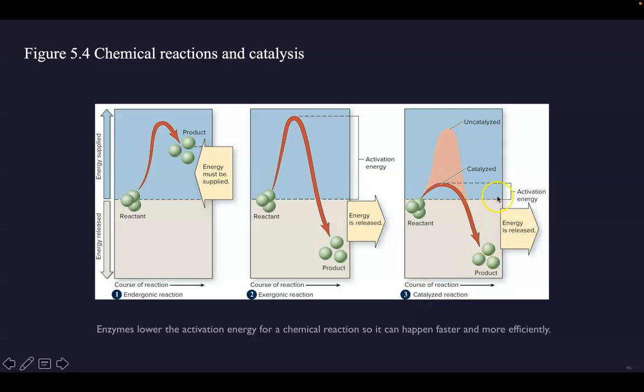The lowering of the activation energy is what's making this process happen faster and more efficiently. So if we had to reach all the way up to this level of energy to make our product, you can see that that's going to take longer than if we are able to lower our activation energy with an enzyme.